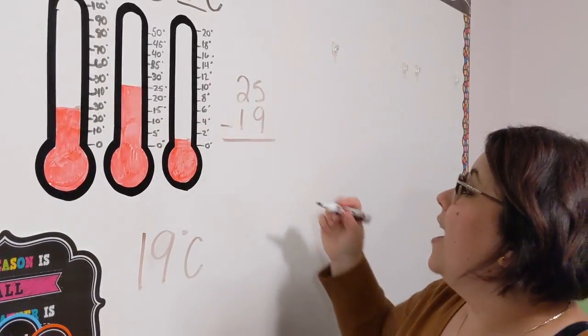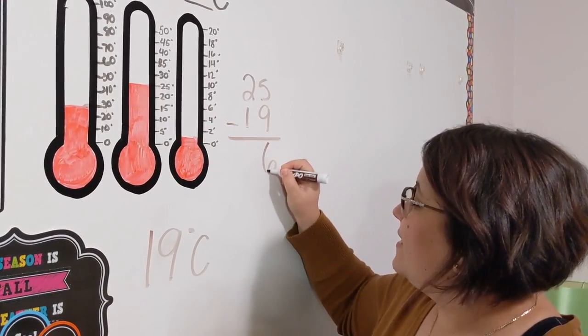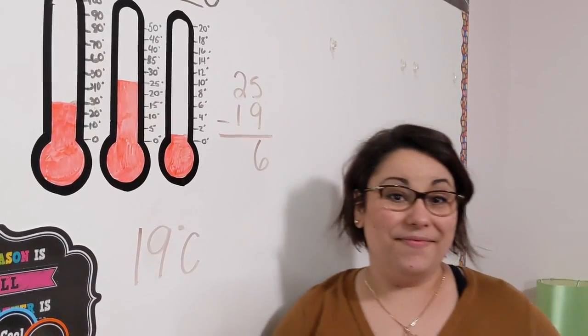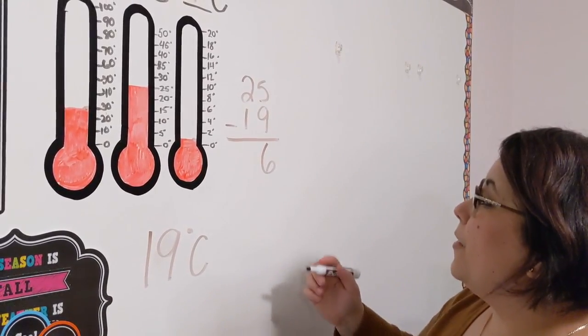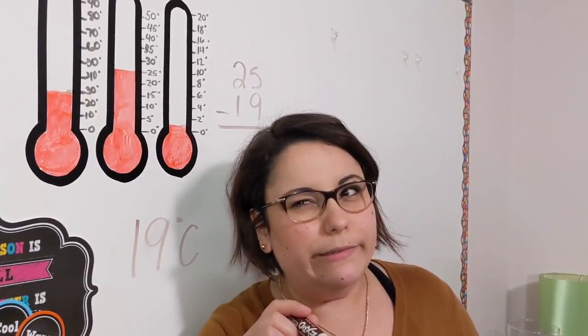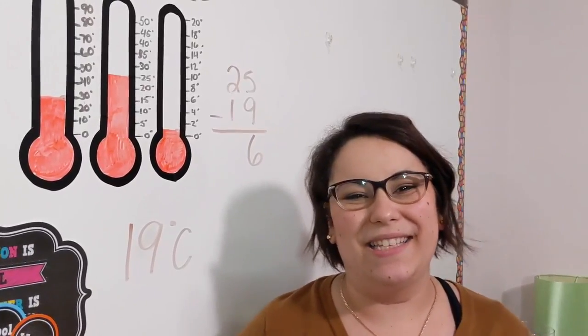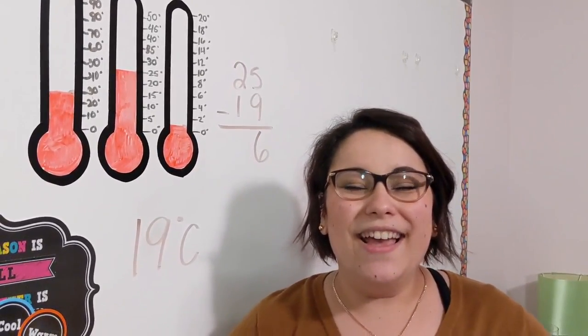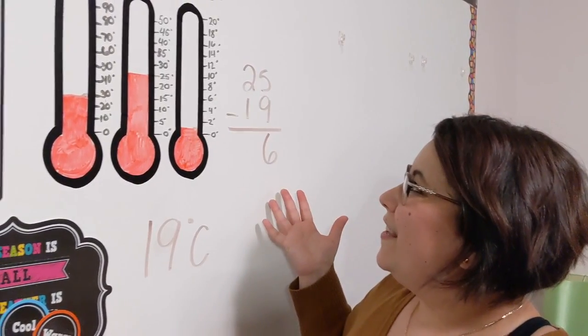We have a difference of 6. Okay, we can count backwards, or there's some regrouping there that we're going to get to probably by the end of the month, when we start to stack some numbers. Okay, so here we go.